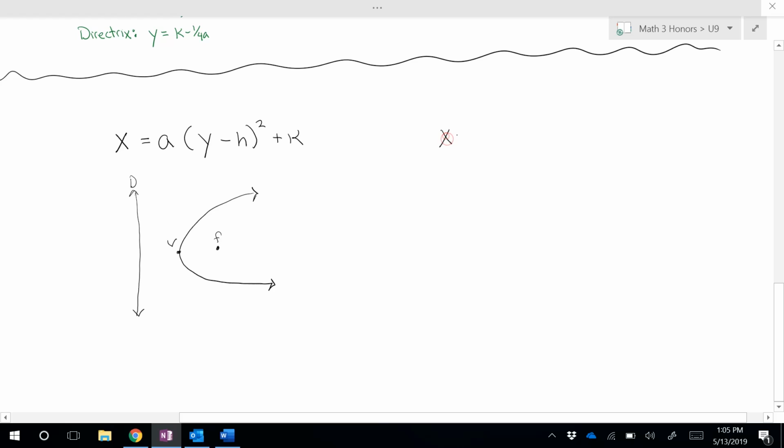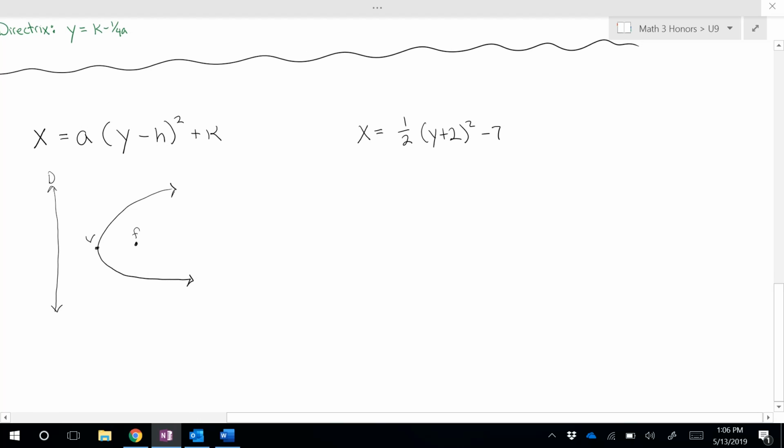So let's say x equals 1/2 (y plus 2) squared minus 7, and y equals negative 5 times (y minus 1) squared plus 2.